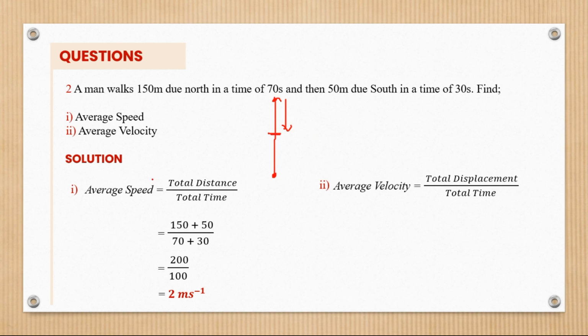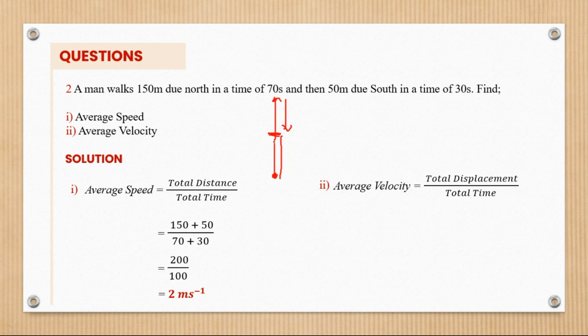Now the difference with total distance and total displacement in this case is that when it comes to total displacement, we look at the length or the distance of the man from the original position where he had moved. So realize that even after he had moved 150 meters due north and 50 meters south, the displacement is basically the distance from the original position to where he stops.